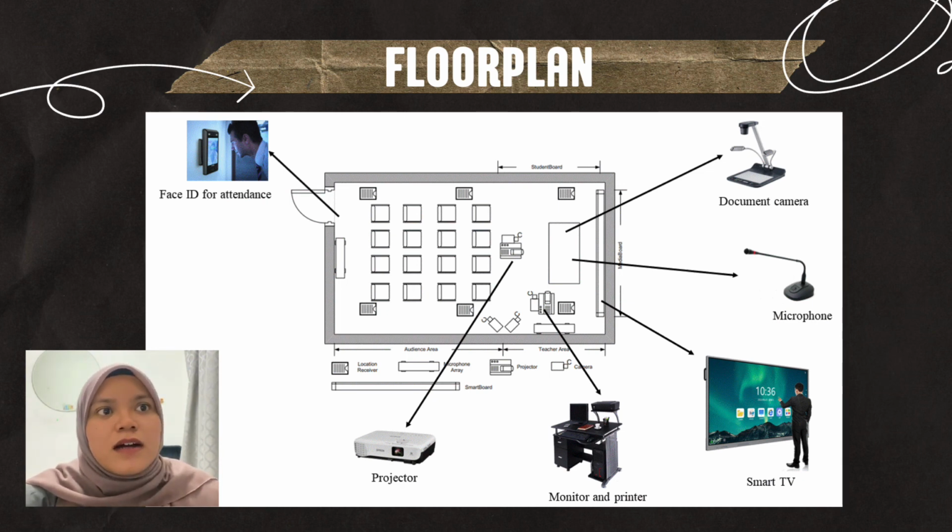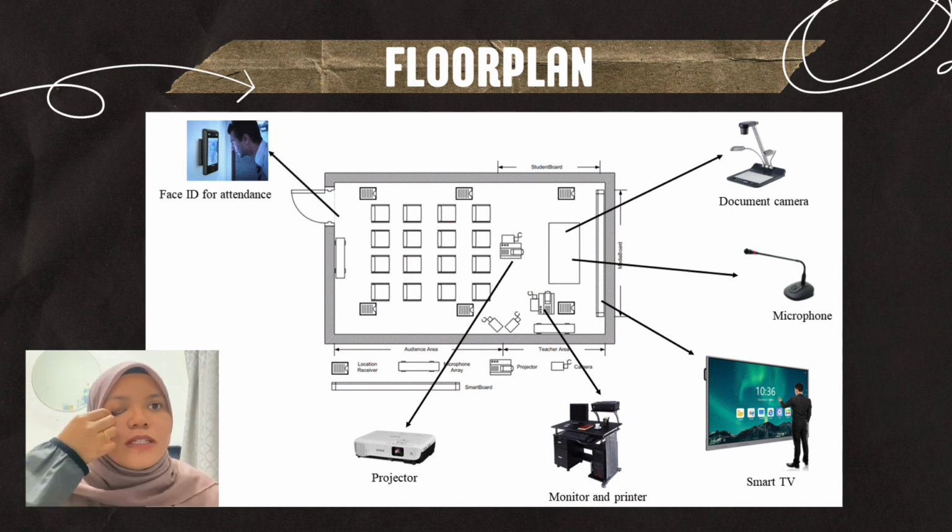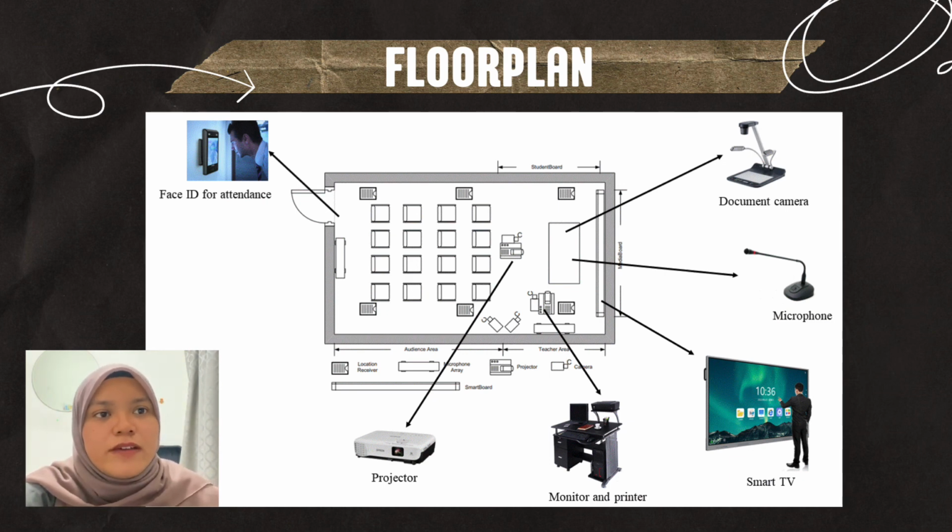We also have a smart TV and a projector. The last features that we are going to add are a monitor and a printer. I think it is easier for students to use, because most of the time students need to print something. So if we have a printer in our classroom, it will be easier for students. So that's all for me.